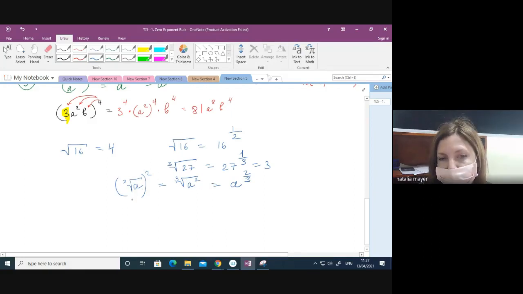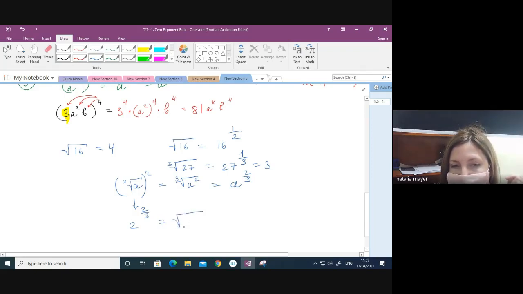Let's verify that this is true using an example, okay? Let's take any number, let it be something not big, 2, and then the power of 2 over 3. And then we apply, which root should it be? What is the index? If I want to write it in radical, what should be the index? 3 or 2? 3, index 3, and this is squared.